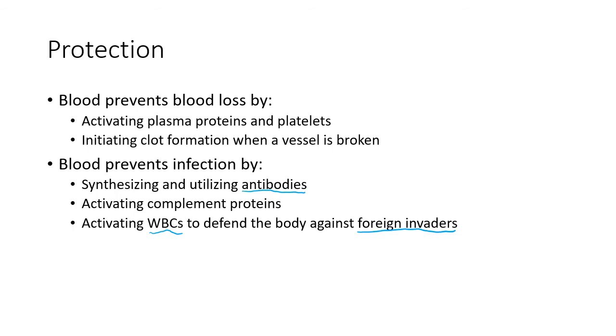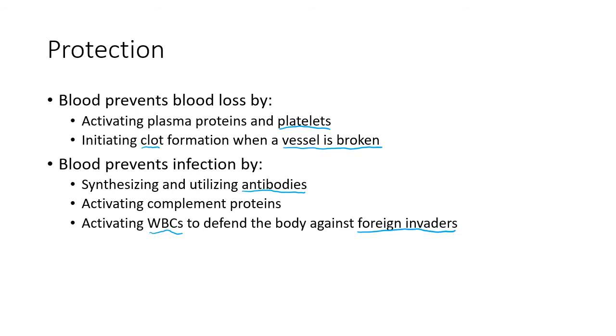And then we also have, because the blood is meant to be only in the heart and the vessels, if one of those vessels becomes damaged and the vessel is broken, we're going to need to be able to essentially plug the hole. And this is going to occur by initiating a clot to be formed within the blood itself. And so we have things like platelets, one of our formed elements that we mentioned before.